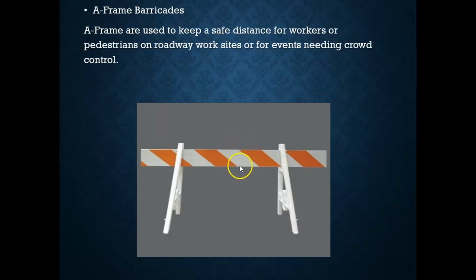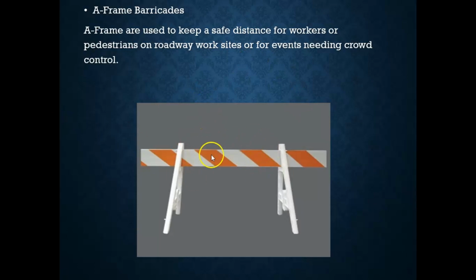We have the A-frame barricade. They typically include a pair of A-frame barricade legs plus two-sided reflective barricade boards. Often they are used to keep a safe distance for walkers or pedestrians on work sites, or for events needing crowd control. That is when we use this type of barricade.